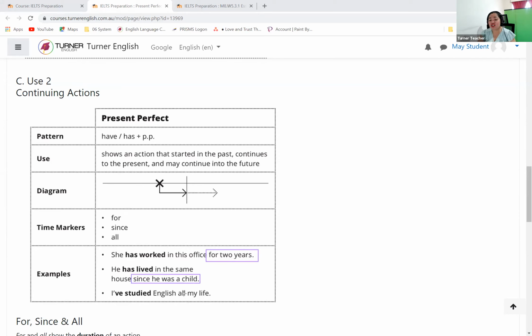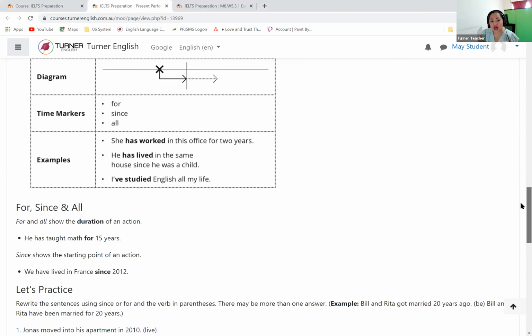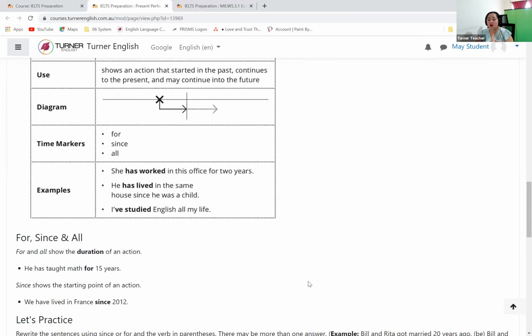I've studied English all my life. So these are some examples of the time markers that we use for the present perfect. So how do we use for and how do we use since? Let's try to understand the different uses so that we won't make a mistake. So for, since, and all.